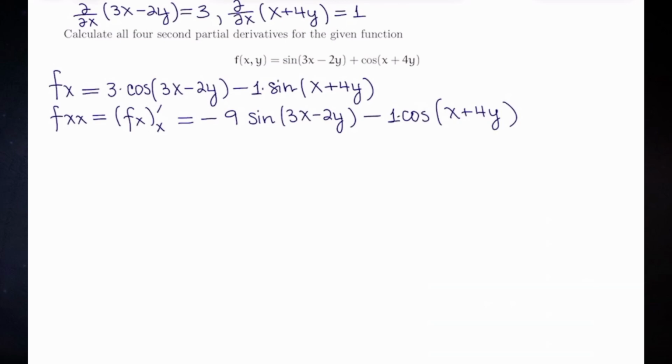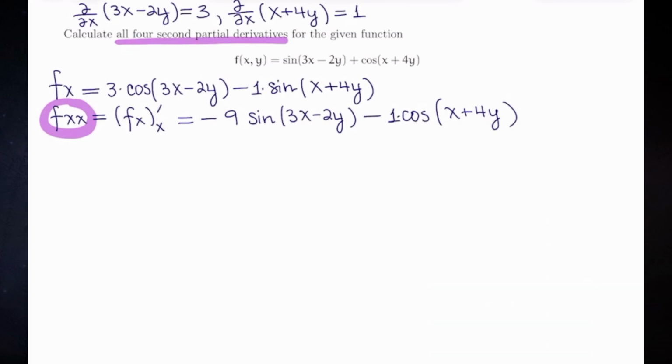So that's what we have for the second partial derivative with respect to x. You can see there's nothing here that can be combined or simplified, so we'll leave it as is. So one derivative is found. It says all four second partial derivatives, so we got that.